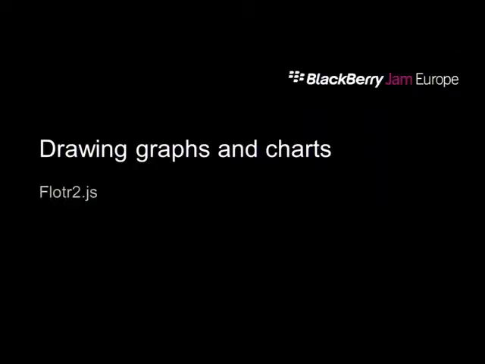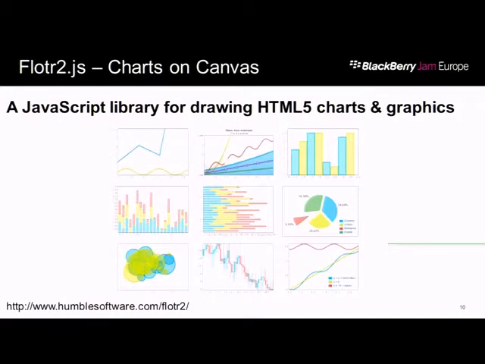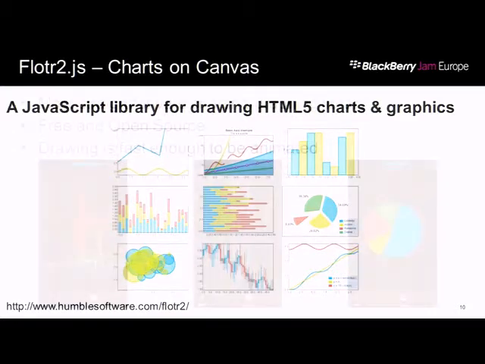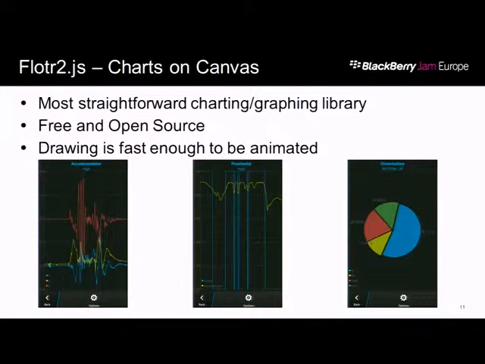So for drawing graphs and charts, there's Floater2.js. It's a simple JavaScript library that allows for drawing HTML5 charts and graphics. Link is also there, but you can do bar charts, line charts, anything you desire. So it's very straightforward.